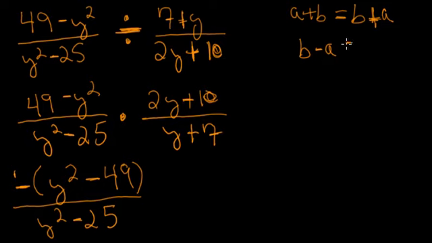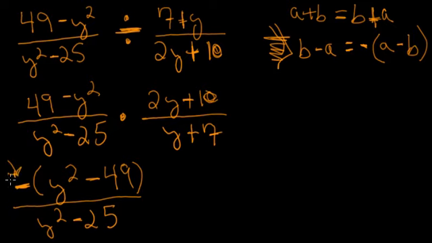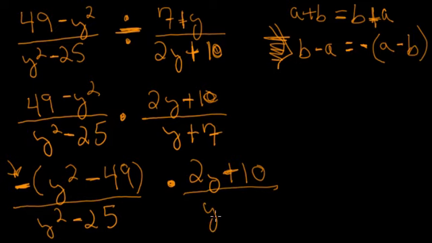Reverse distribute out a negative 1. And that should give you an a minus b. This is important. It lets us write things in the order we're used to seeing. But notice the negative sign that we pick up here. And 2y plus 10 over y plus 7.